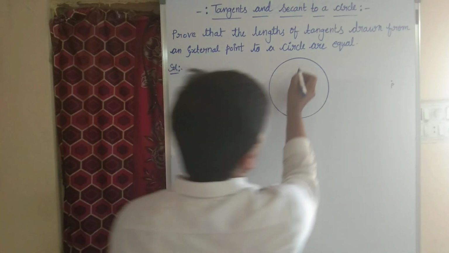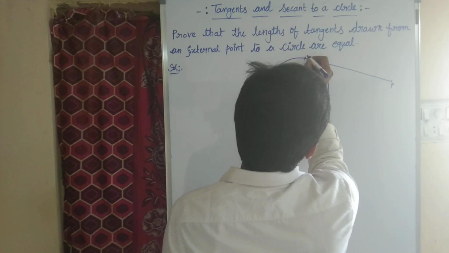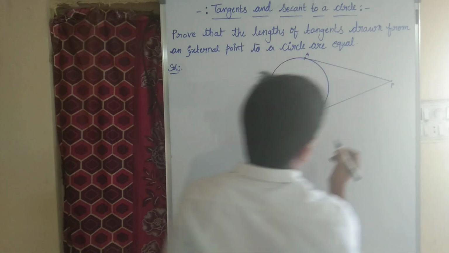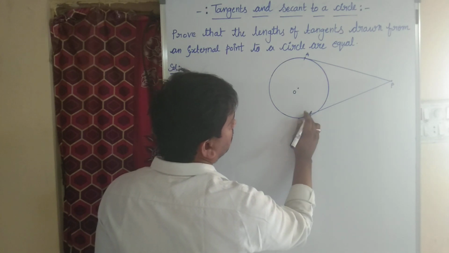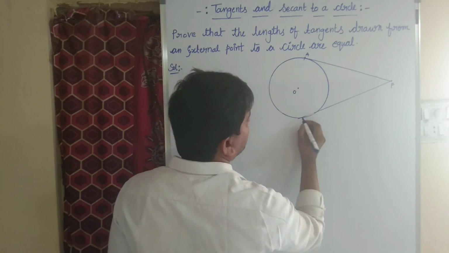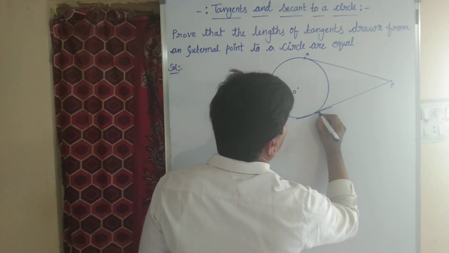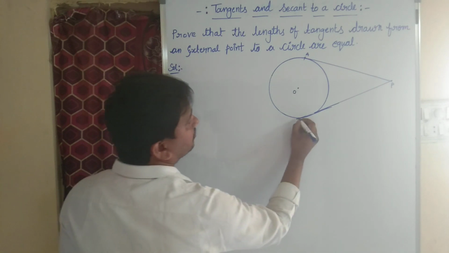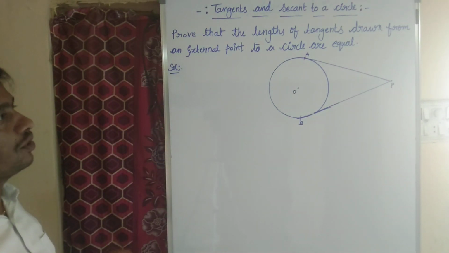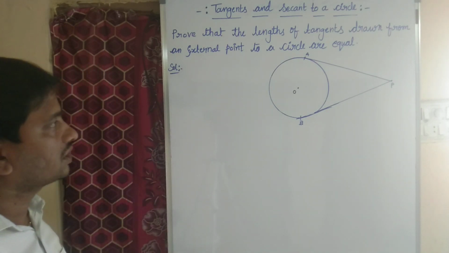So this is our first tangent, suppose we call it PA, and this is our second tangent. We call it PB.